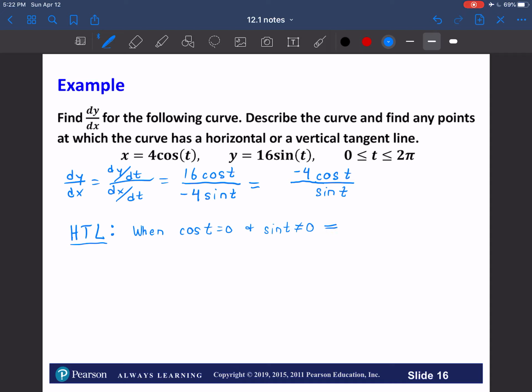So this means that we have horizontal tangent lines. Well, let's think about the zeros for cosine of t. So certainly at t equals pi over 2, that'll happen. And also at 3 pi over 2, that will occur as well. And let's check that sine of t is not 0 at both of those. Sine of pi over 2 is 1. Sine of 3 pi over 2 is negative 1, so we are good. Both of those work.